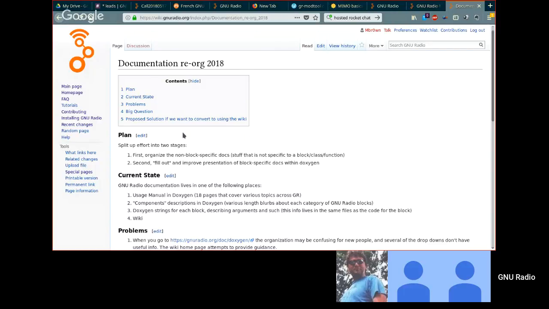And then there are descriptions about topics like PMTs and stream tags. I don't know exactly what that's called, and that is definitely split between the wiki and Doxygen. I think it makes sense to just decide what goes where, and then we can shuffle everything around, remove redundancies, and improve the documentation as part of that.